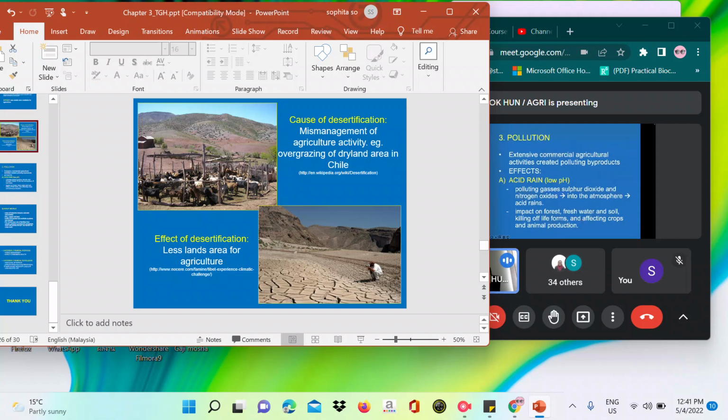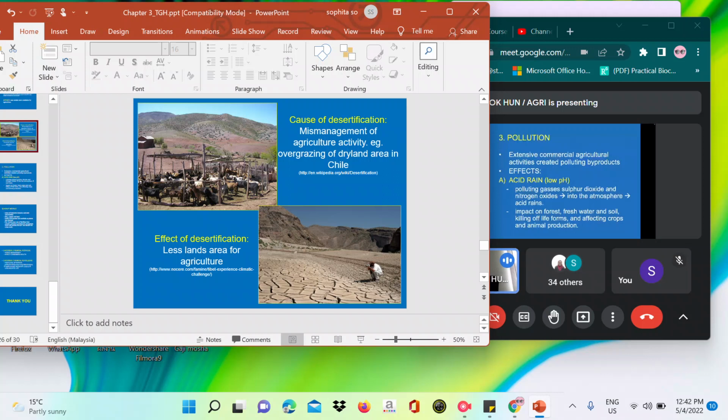Okay, pollution is also one of the factors. If you use a lot of chemicals, for example chemical fertilizer, in the soil, they will cause some pollution. Extensive commercial agriculture activities will create polluting byproducts.